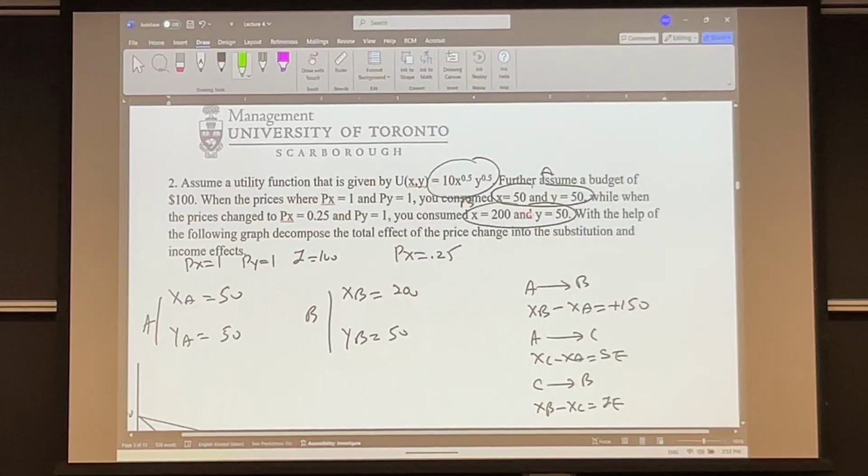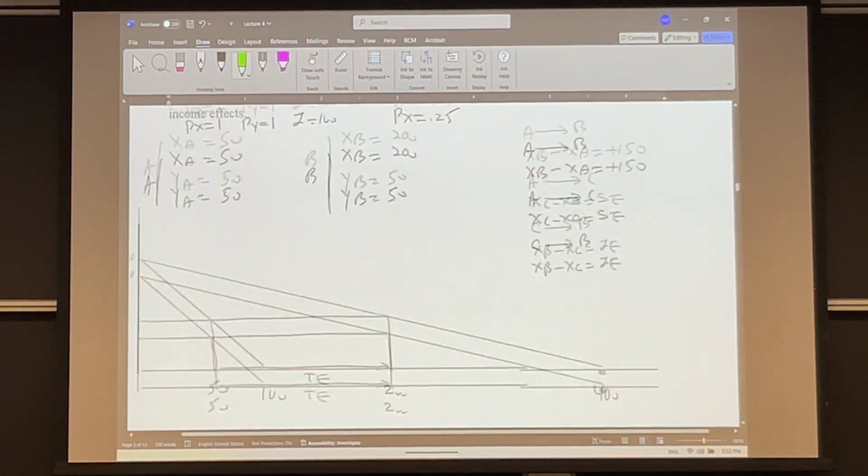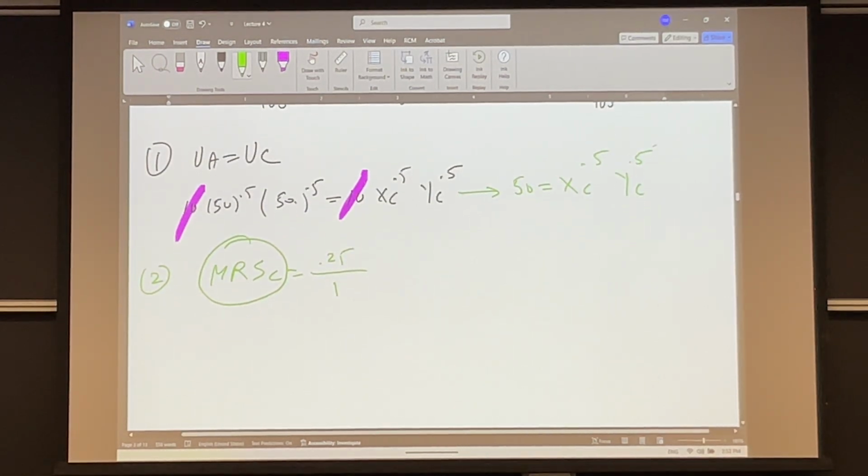I don't need the demand, but I need the MRS. What's the MRS of that one? Y over X, because alpha and beta are the same. This gives me YC should be XC divided by 4. I take this one, plug it there, and try to solve it.